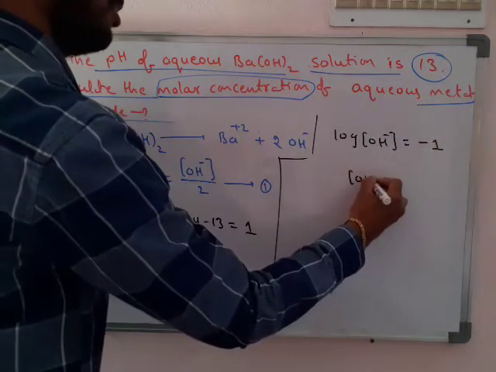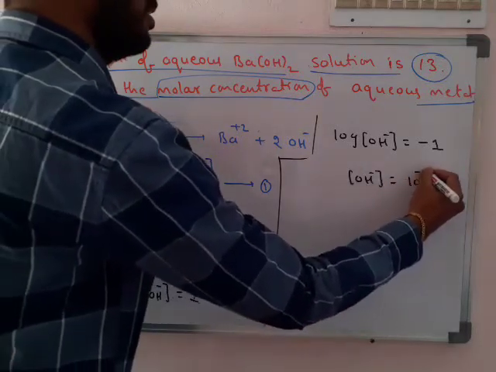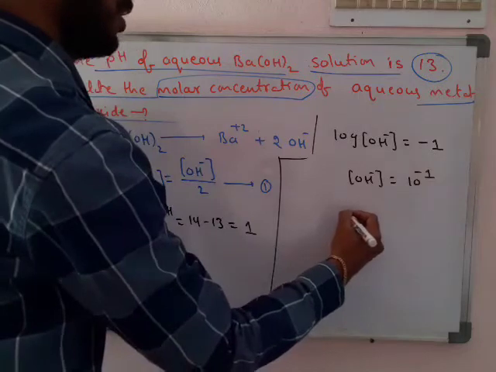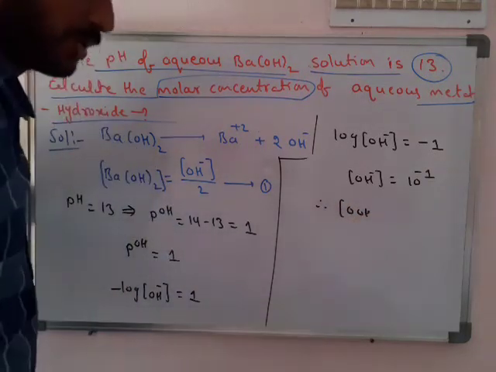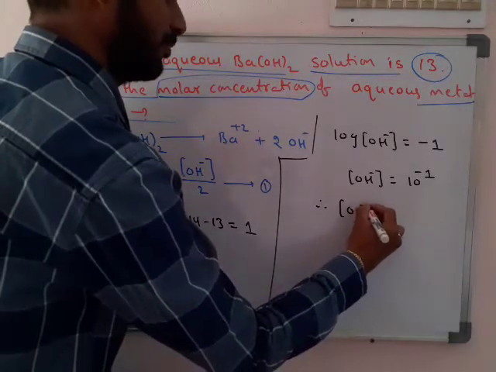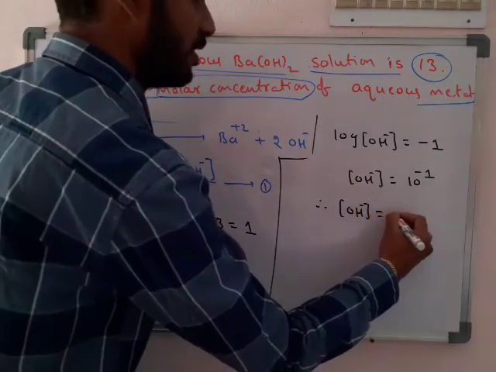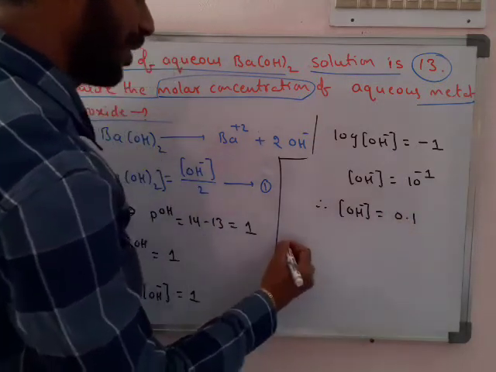Then log of OH minus equal to minus 1 means what is OH minus? That is 10 to the power of minus 1. So therefore the OH minus concentration is equal to 10 power minus 1, that is, 0.1.